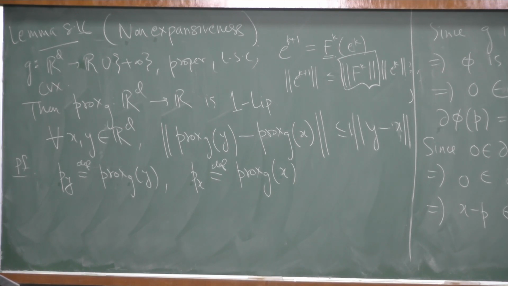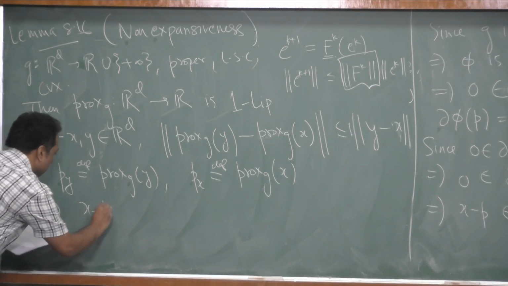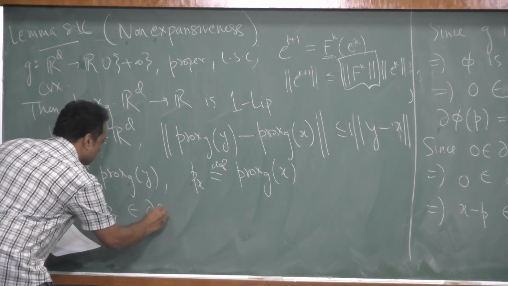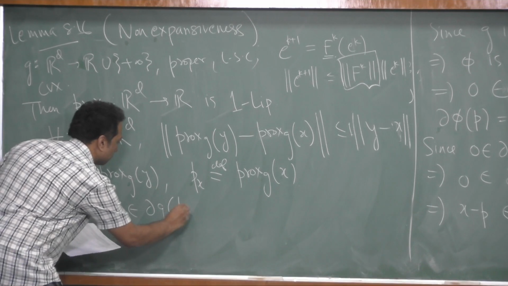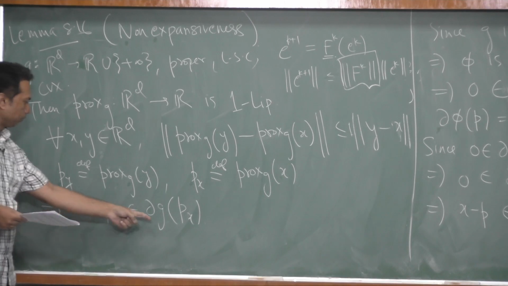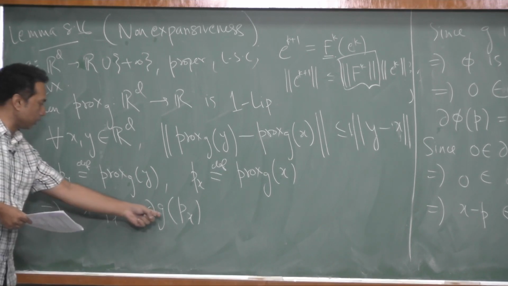So we will use the previous theorem. This immediately implies that x minus Px is in the subgradient of G computed at Px. From the definition of the subgradient, we know that this is one of the subgradients. So we will now apply the definition of this being the subgradient of G. So what does it mean?